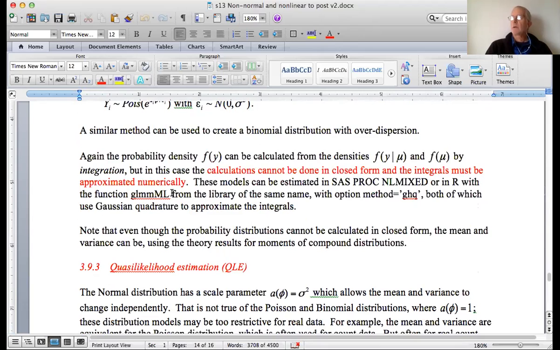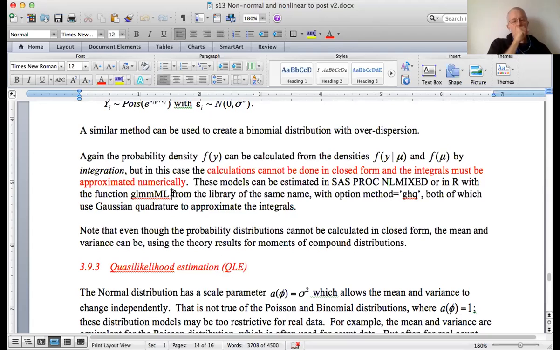Let me think about that. What does that one do? I thought that one did logistic regression with random effects, but now that you say it, I don't know if it does Poisson regression with random effects. It does do Poisson regression with random effects. Okay, but what was the trouble?